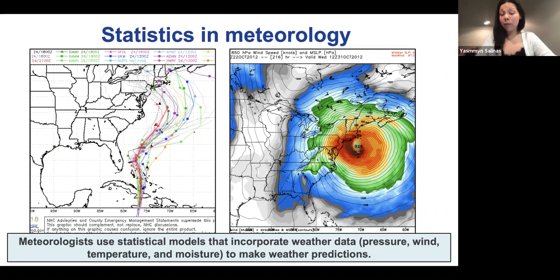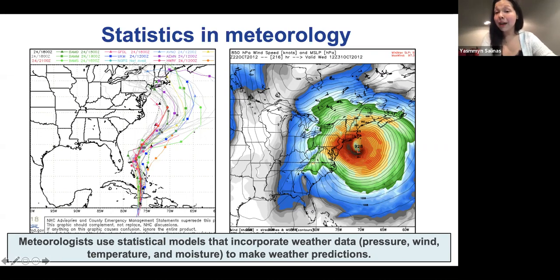Through that process, they're able to make predictions about what's going to happen, and when or where hurricanes like this one are going to make landfall, for example. Here we have a picture of the United States and the Atlantic Ocean, and these different colored lines are different predicted paths that a hurricane could take.